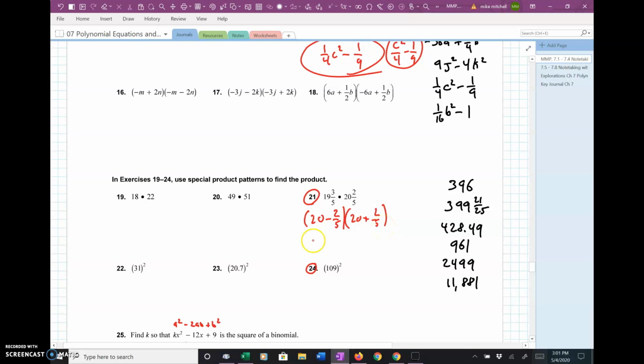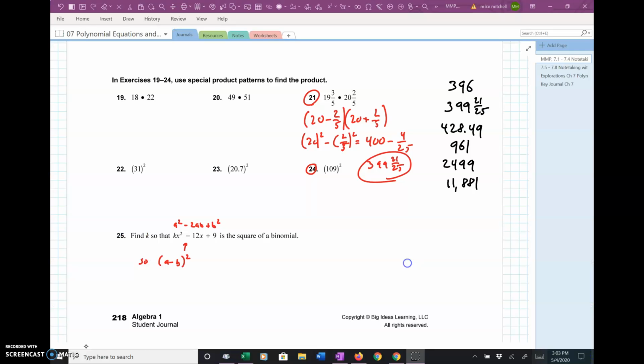Okay, so that's going to be 20 squared minus 2/5 squared, which is going to equal 400 minus, is that going to be 4/25 on there? Because that's a really badly written 5 down underneath there. That's a 5. So that's going to be 399 and 21/25. Well, you know, that's what I got right over there. So let's mark those right.